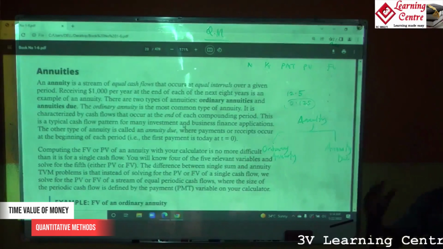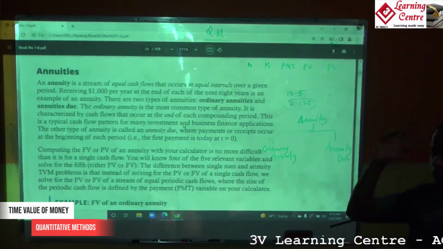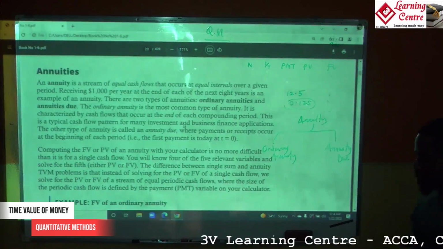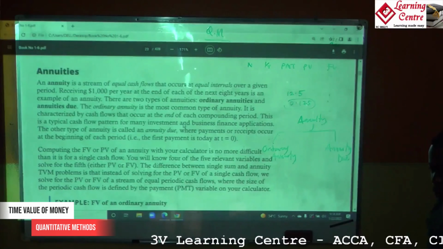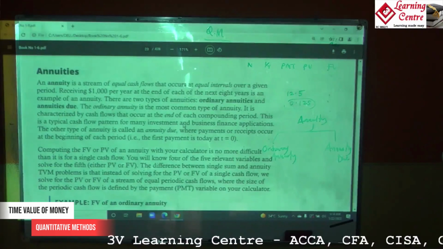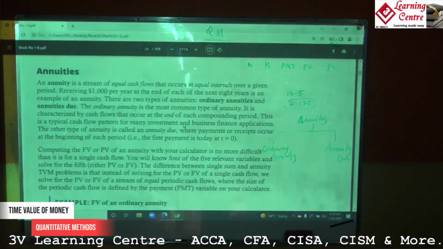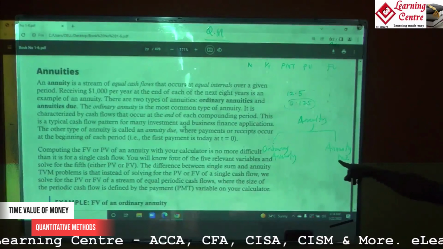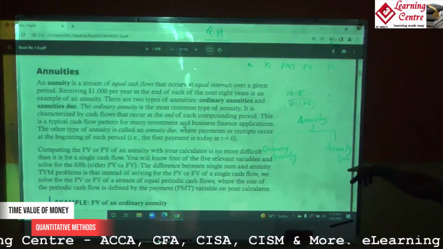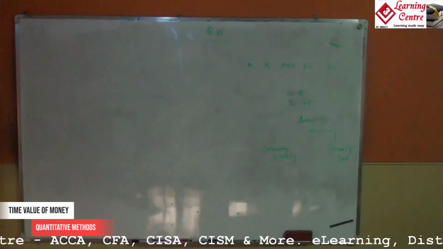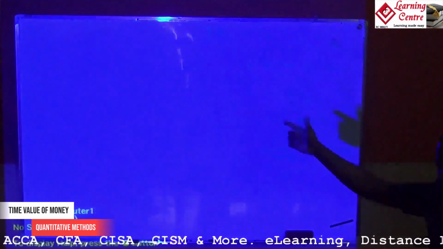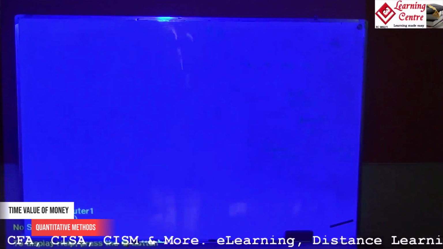I'll be giving you 100,000 naira every month. Now the question is are you going to fulfill your promise at the beginning of every month or at the end of every month? So if I ask you that question, you say, end of every month, now we are discussing ordinary annuity. The promise is made now, but the cash flows are coming at the end of every period.